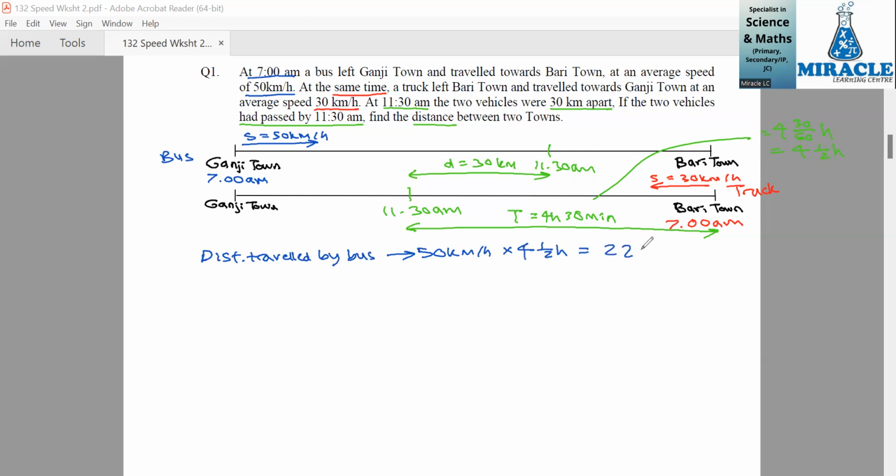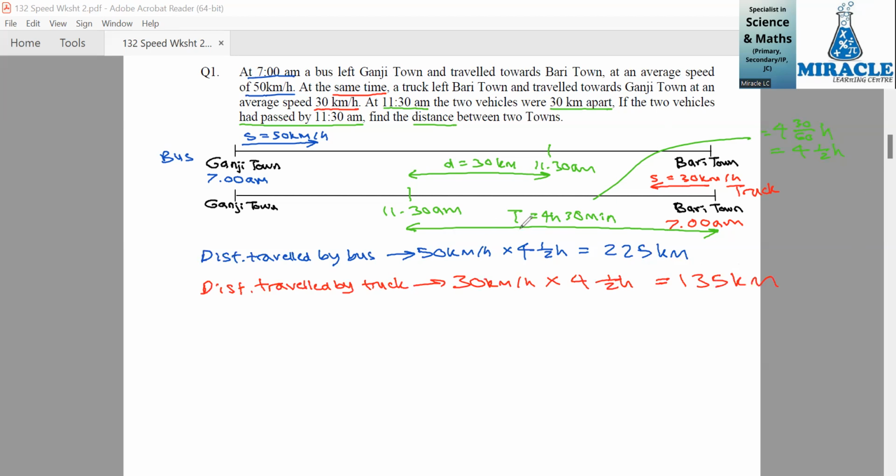And this gives us 225 km. Now for our truck, distance traveled by truck. So again, speed times time. So we have 30 kilometers per hour times 4.5 hours. We will be left with 135 km.